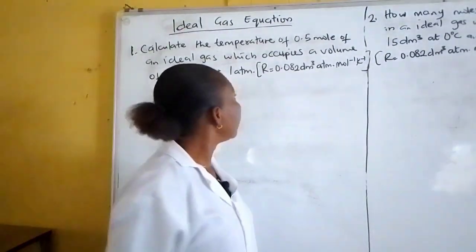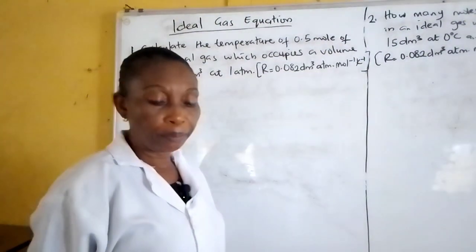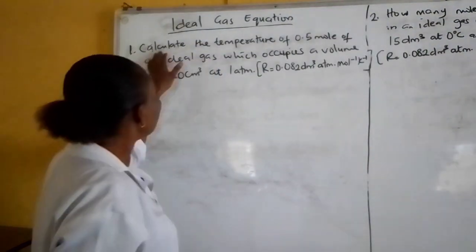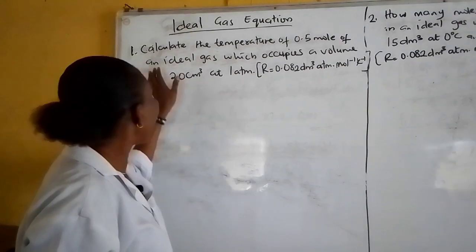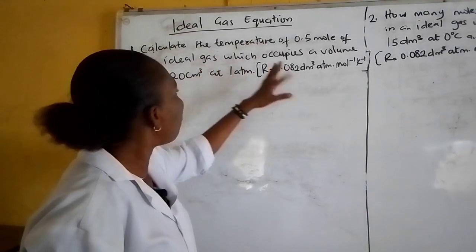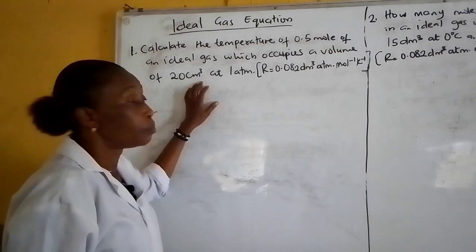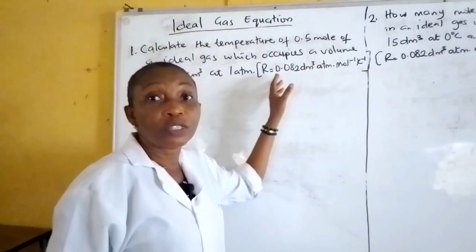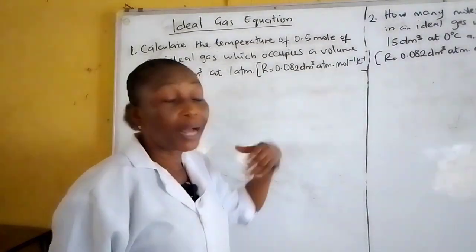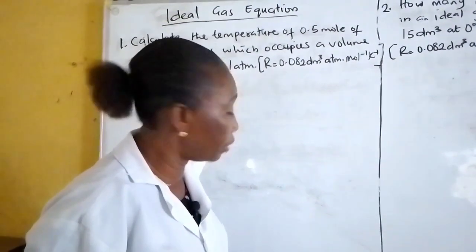All right, let's solve this problem. Calculate the temperature of 0.5 mole of an ideal gas, which occupies a volume of 20 cm³ at 1 atmosphere, given that the molar gas constant is 0.082 dm³ atmosphere per mole per Kelvin.